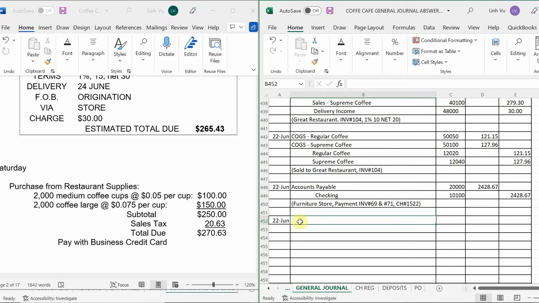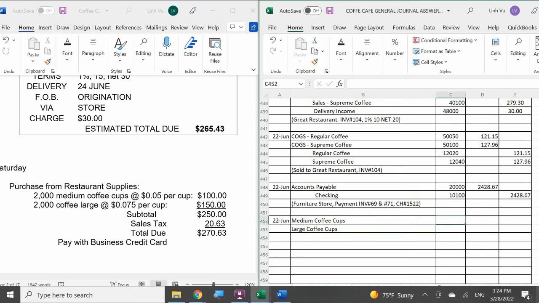Medium coffee cups. 11,760 for the medium coffee cup. The account number.